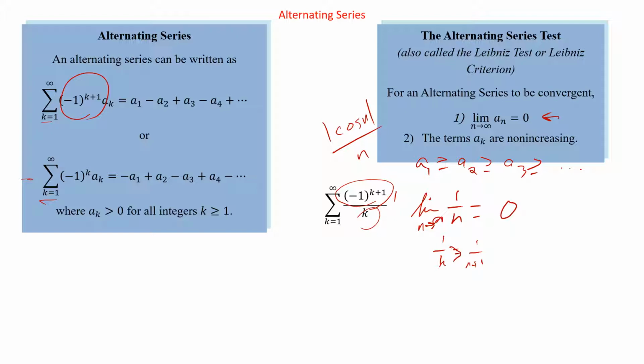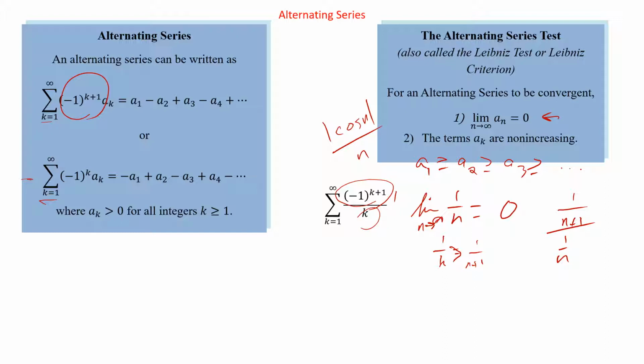The other way of doing this is doing a ratio of the second number divided by the first number. So we could have 1 over n plus 1 over 1 over n, which we can flip and multiply.